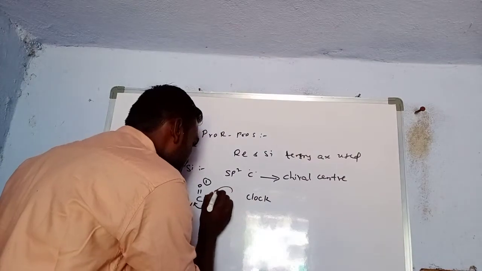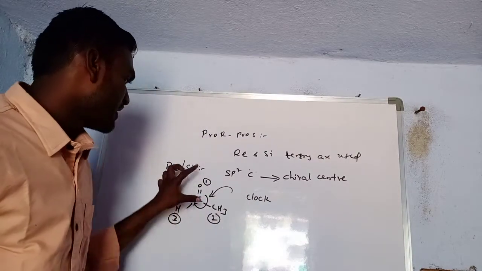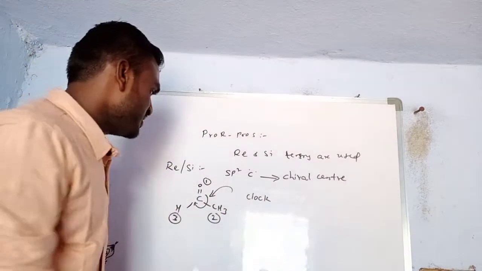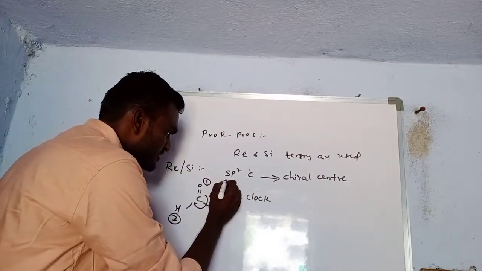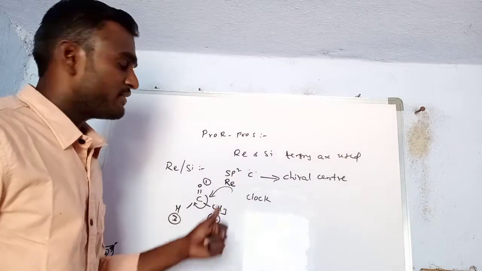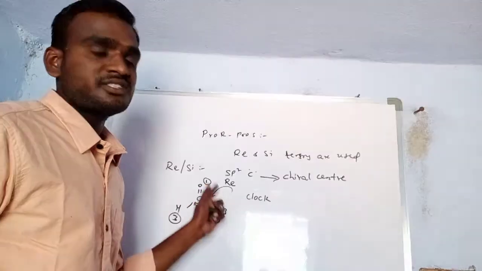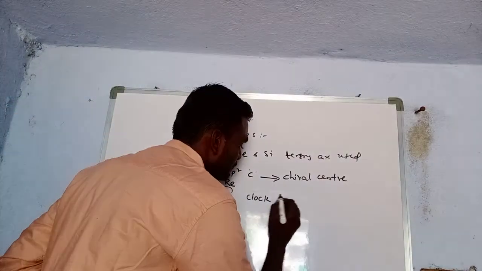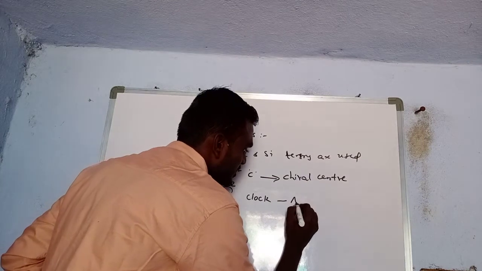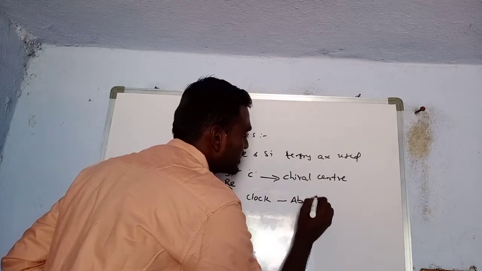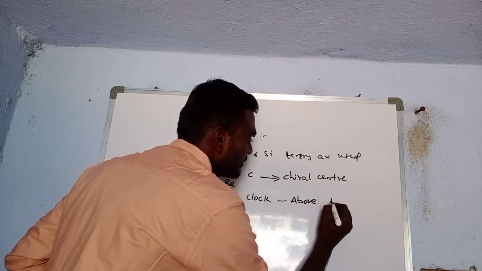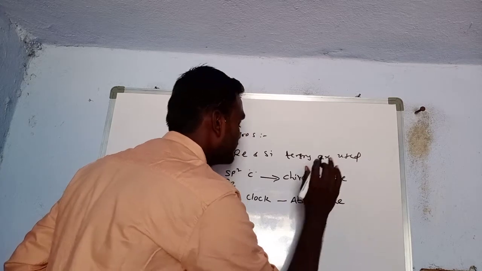If the priorities are in the clockwise direction, then the above attack, or front side attack, is the Re face attack.